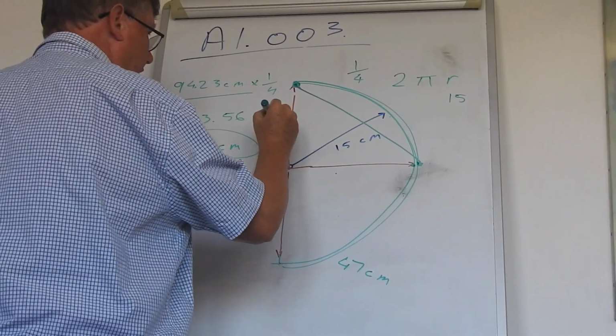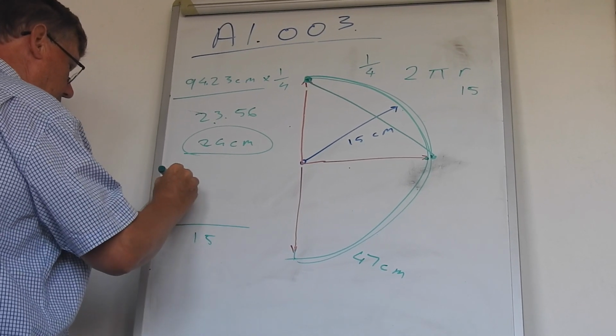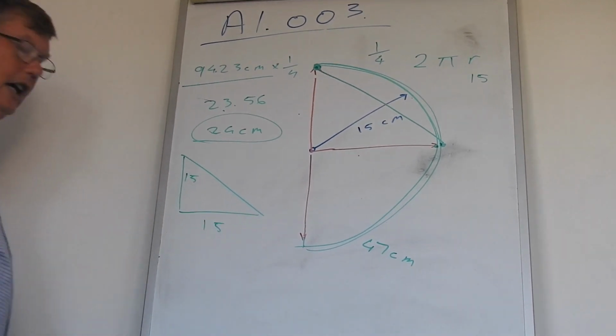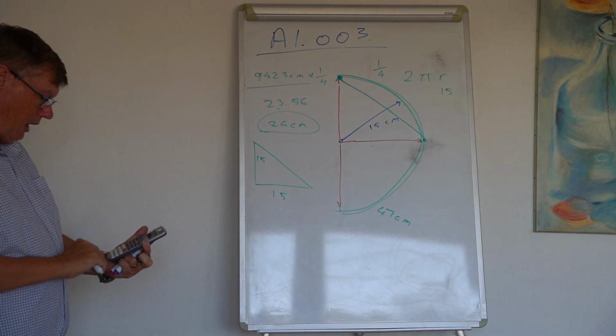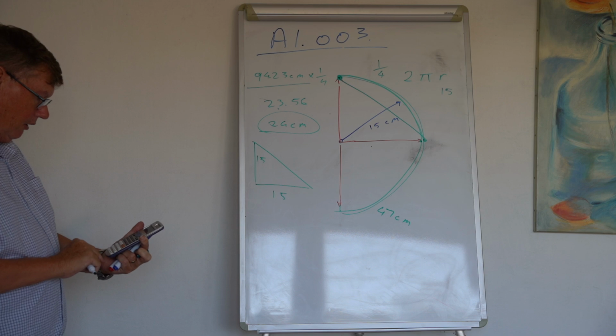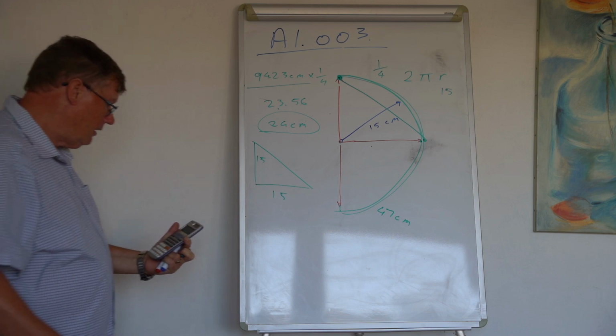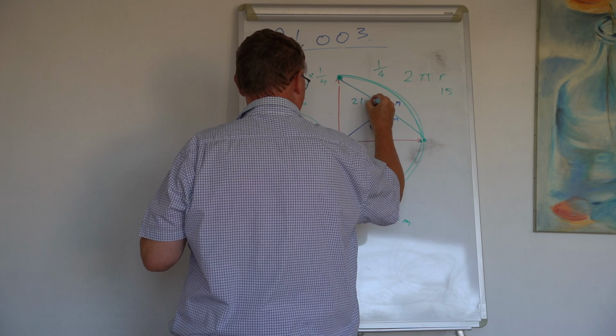A right-angled triangle. 15, 15. How do we work it out? It's the hypotenuse. 15 squared plus 15 squared equals, square root the answer, 21.2 to the nearest centimetre, 21 centimetres.